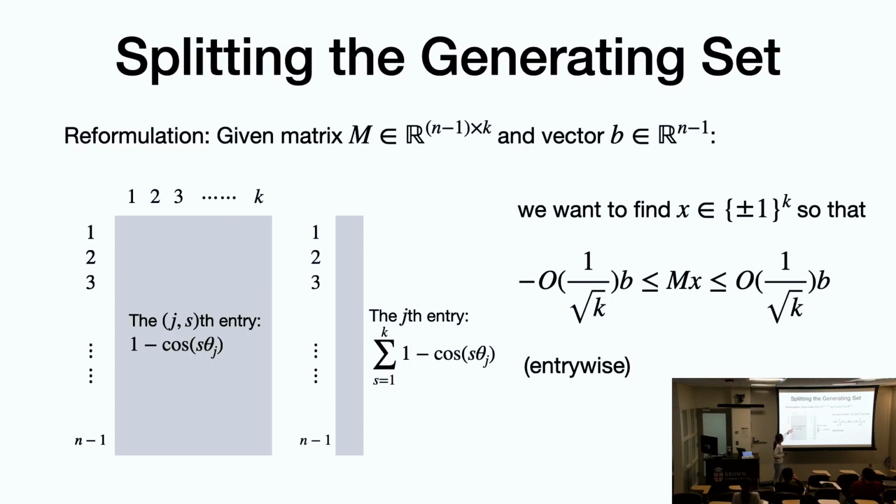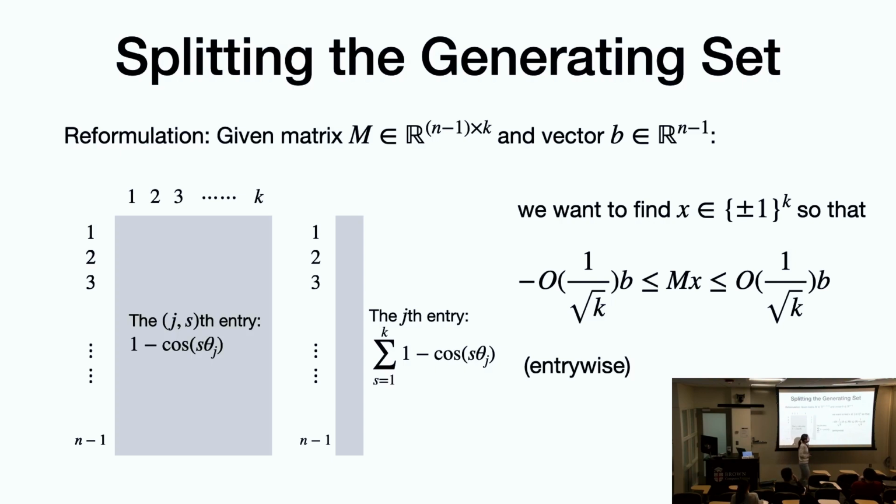And the entry in the jth row and the sth column is 1 minus cosine S theta j. And we also define an n minus 1 dimensional vector B, where the jth entry is the sum of 1 minus cosine S theta j over S from 1 to k, which is also the sum of the numbers in the jth row of this matrix.